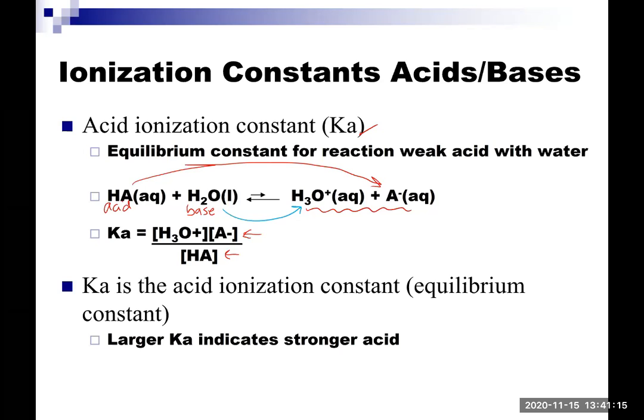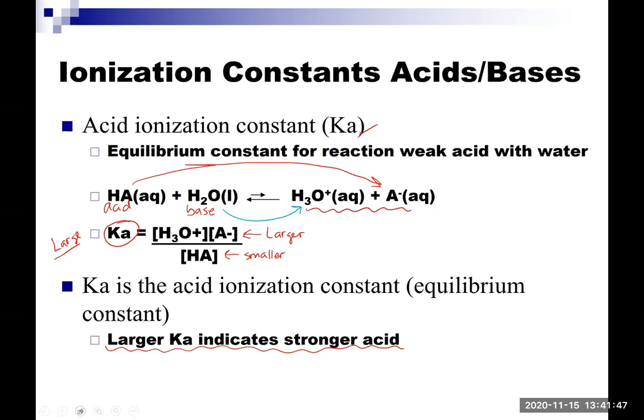That means that if we have a large Ka, we have a stronger acid because we'll have a larger number representing the concentration of the ions we have in solution, and a smaller value representing the concentration of the original acid we have in solution. This would make Ka relatively large, and that's a stronger acid.